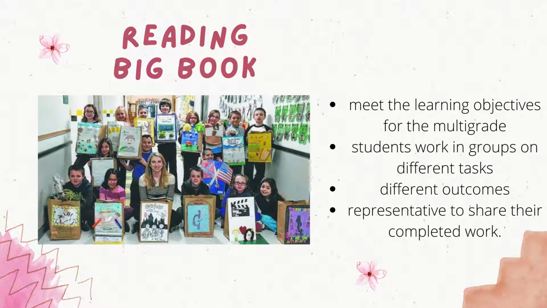A teacher will read a big book which can cater to different learning activities. These activities are designed to meet the learning objectives for the multi-grade. Students also work on different tasks, which meet different outcomes. Each group will have a representative to share the completed work.